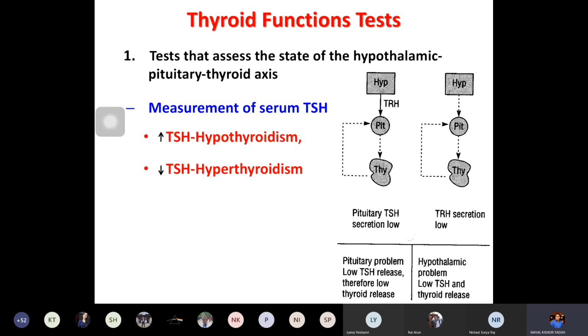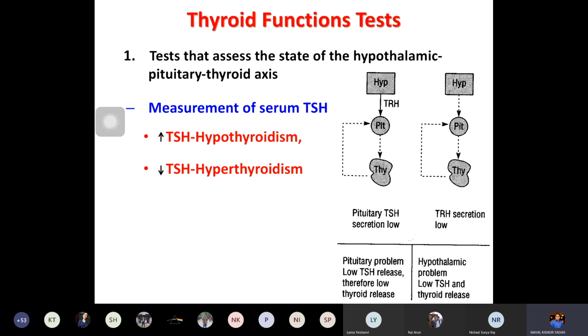If you want to assess the hypothalamic pituitary thyroid axis, you can measure the level of TSH. So if you measure the level of TSH, what you can find out is whether it is hypothyroidism or hyperthyroidism.